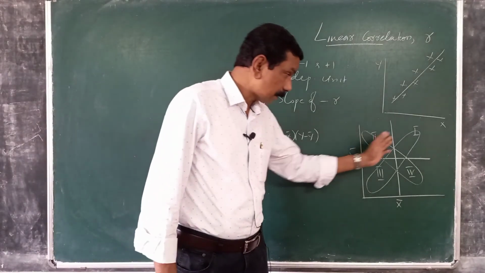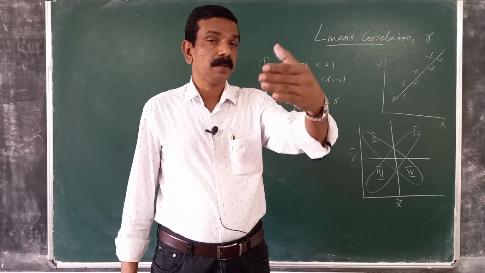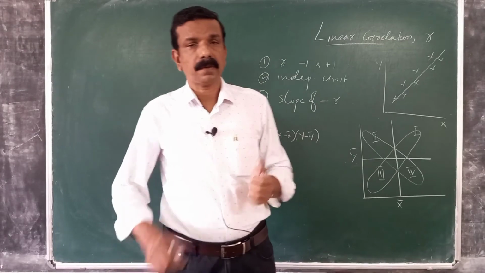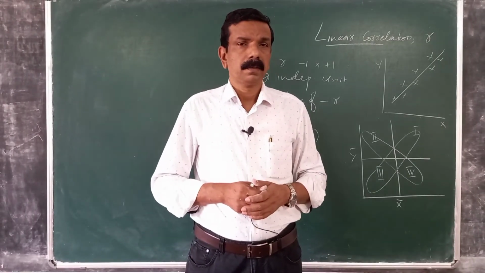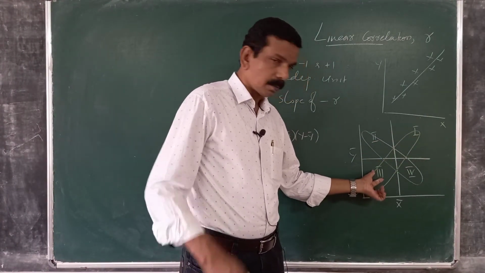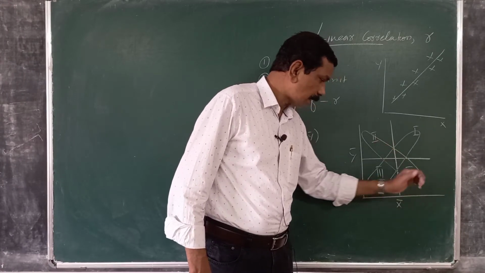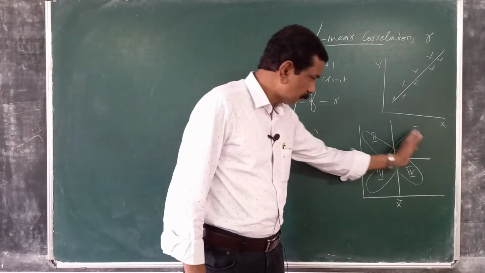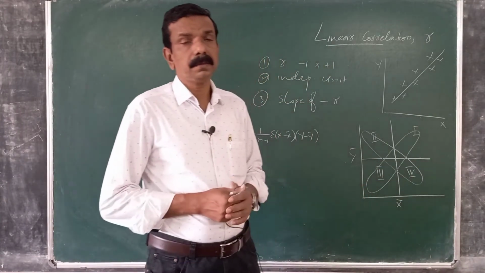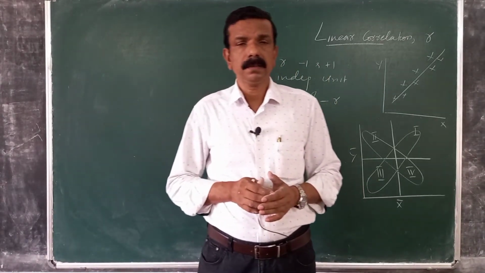And here also, if you want additional points, you can refer to my class video on correlation coefficient posted in the playlist for econometrics. So if most of the observations are in quadrants 1 and 3, R is positive; R is negative if most observations are in 2 and 4. If the observations are widely scattered in all the quadrants, there is no association between x and y, and R is 0.